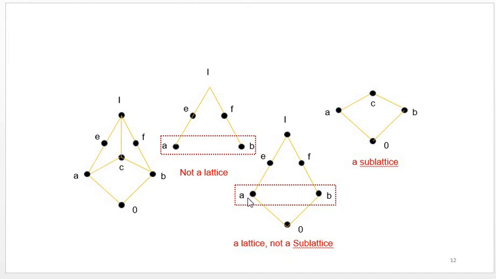But when we consider this {A, B} as a subset, a plus b, that is a join b, and a star b or a meet b, the LUB of A, B and GLB of A, B are not in this subset, so it is not a sublattice. Fourth diagram, this is a sublattice.